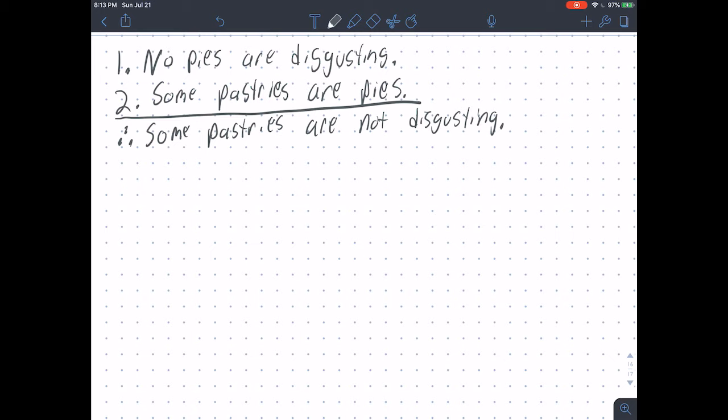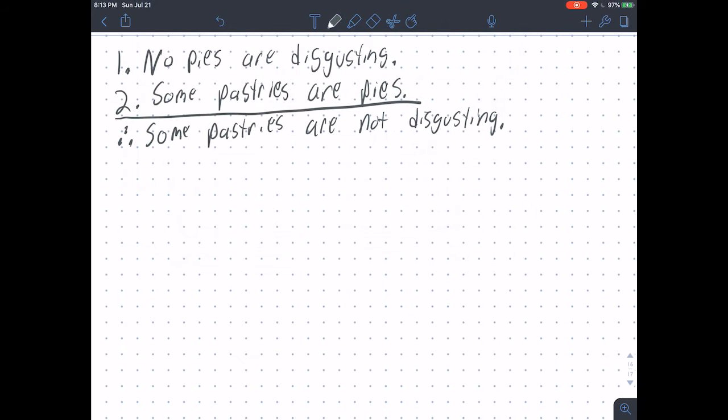Okay, so let's just replace our terms. The terms in this sentence, just to get you in the habit of recognizing terms, are pies, disgusting, pastries. Those are 3 different terms, so we'll need 3 different term letters for each of those.